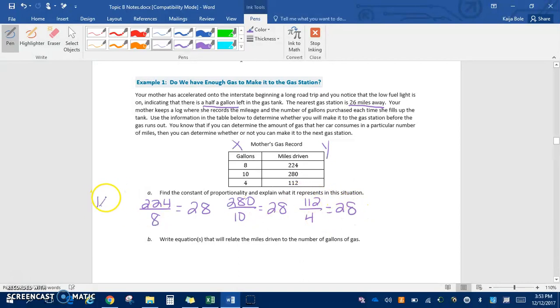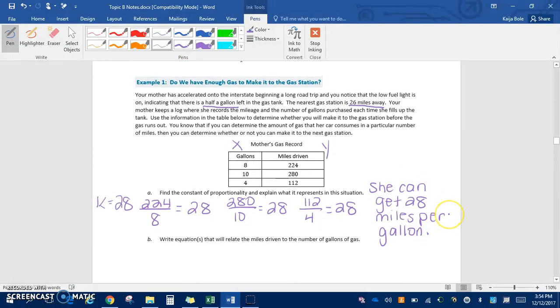So our K is 28. When we explain it, that means she can get 28 miles per gallon. Her car gets 28 miles per gallon, which is always what you hear in car commercials. They always talk about miles per gallon.